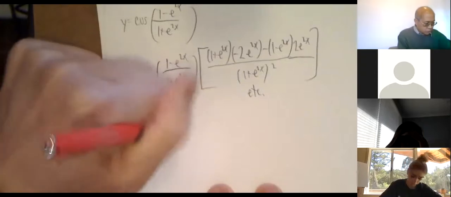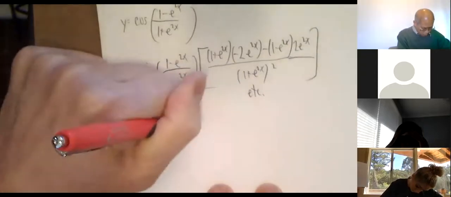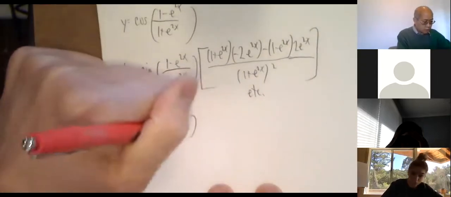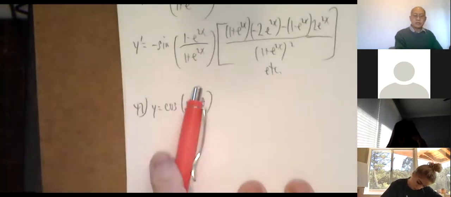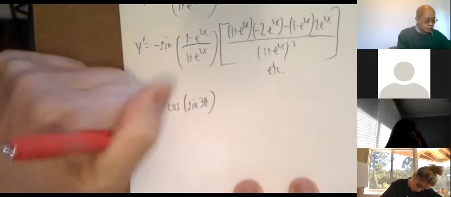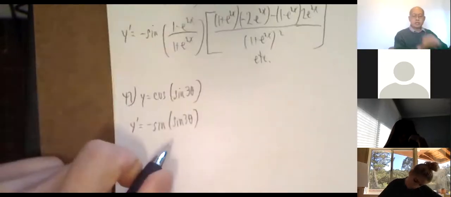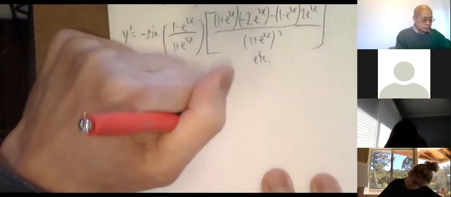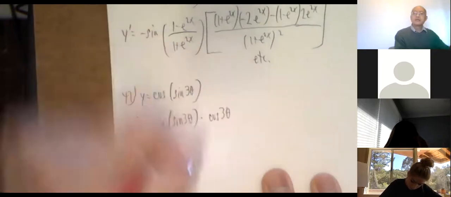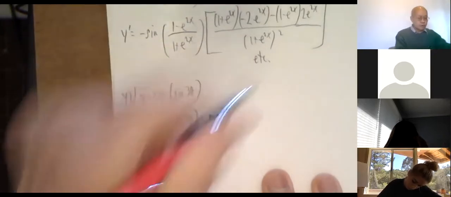y equals cosine of the sine of 3 theta. So again, the outside function is cosine. So y prime is negative sine 3 theta times the derivative of sine 3 theta, which is cosine 3 theta, times the derivative of 3 theta, which is 3.